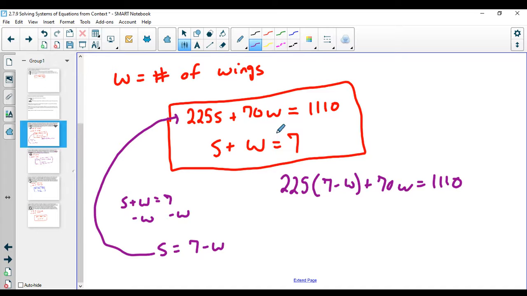And now we just distribute that 225. 225 times 7 is 1,575 minus 225w plus 70w equals 1,110.